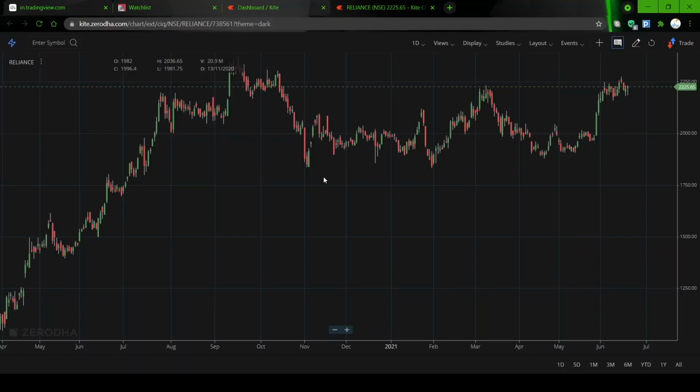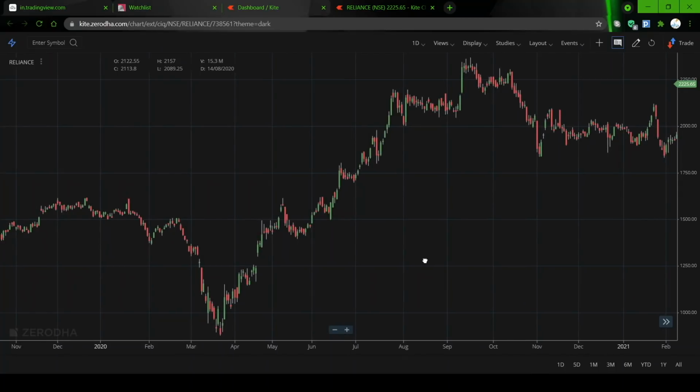For that, we need to determine whether the stock is going gradually higher on a longer time frame. You can see that I have taken daily candles for about 1 year.